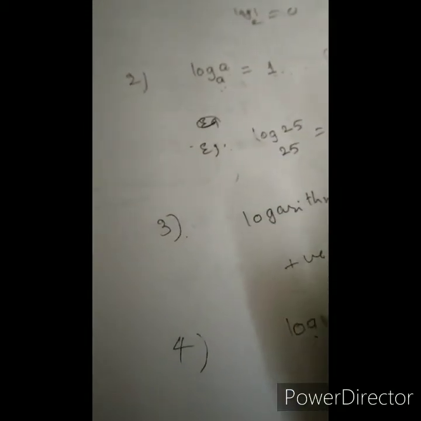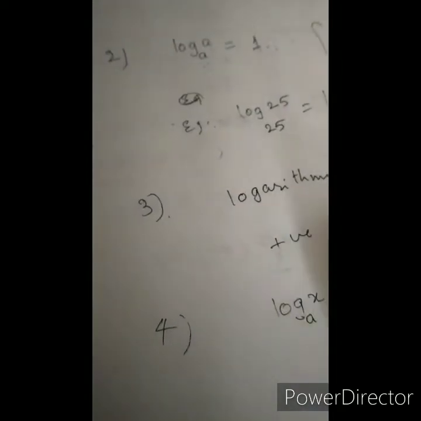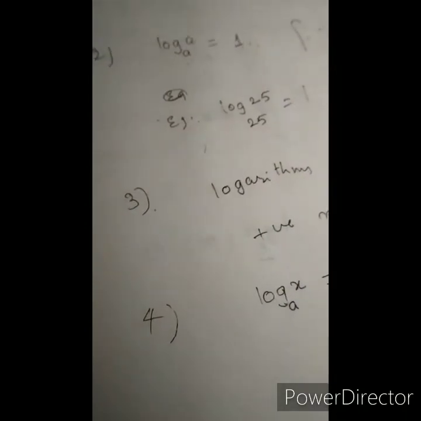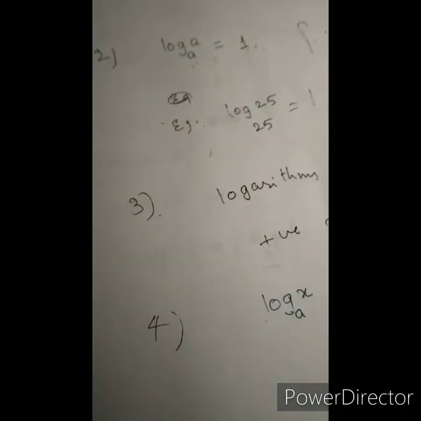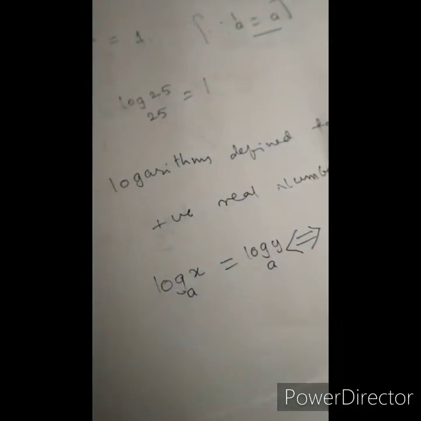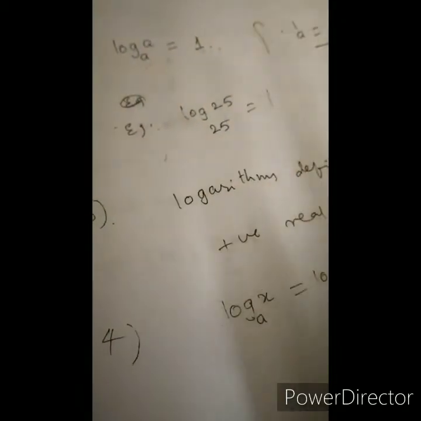Next, the fourth one: suppose I calculate logarithm of some number x to the base a, and it is equal to logarithm of some number y to the same base a. Then these are equal if and only if x is equal to y. Only then their logarithms with the same base are equal. These are some of the properties of logarithms.